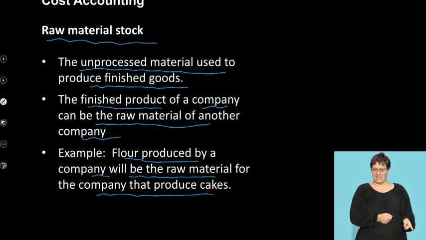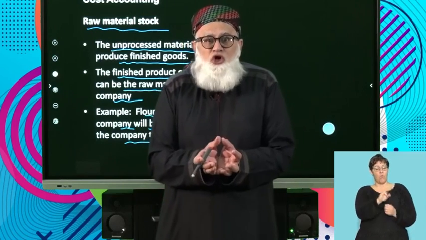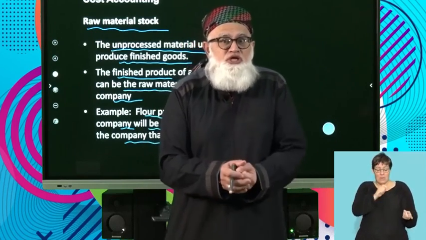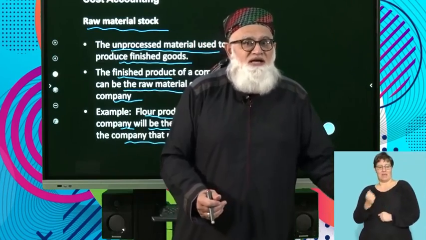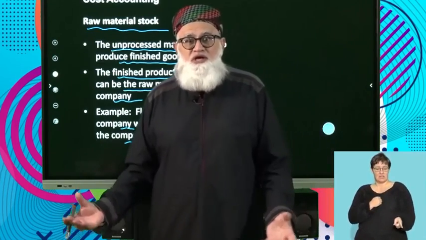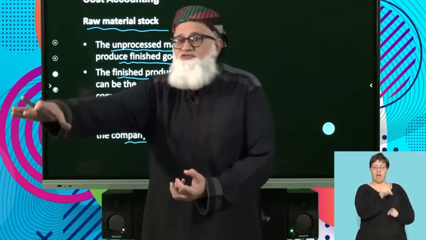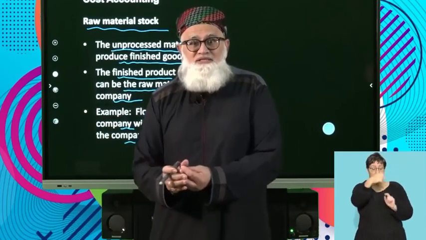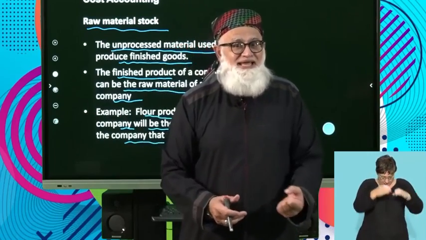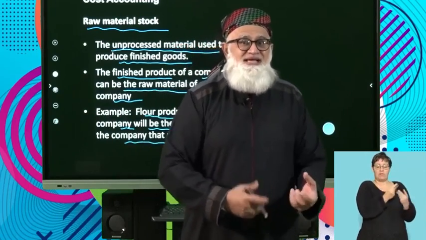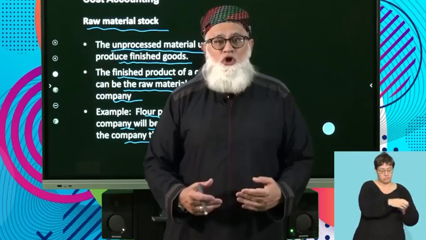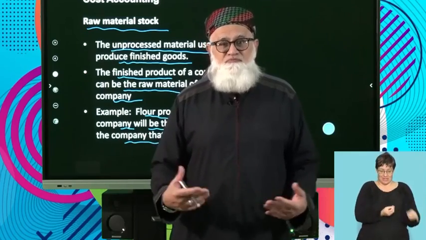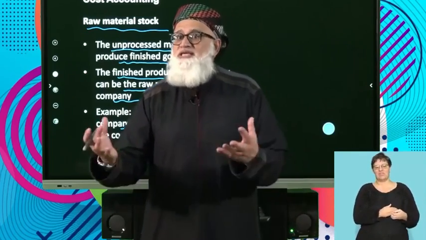Your raw material stock is what you're going to be using to manufacture your product. So the example that we gave you here is that flour is manufactured in the mill. It would be their finished product, but for you as a bakery, it would be part of your raw materials in terms of processing your baking that you need to make in terms of bread and cakes, etc. So just keep that in mind.